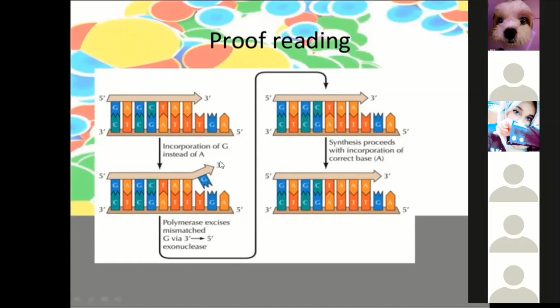It removes the G from here, and then synthesis proceeds with incorporation of the correct base A. So here again, there will be A in place of G. If any mistake takes place, it will be removed by the action of exonuclease, and then again there will be incorporation. So these polymerases help with proofreading activity.